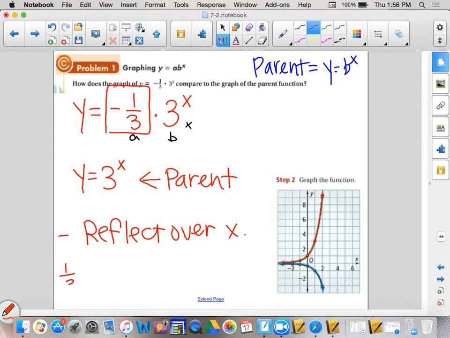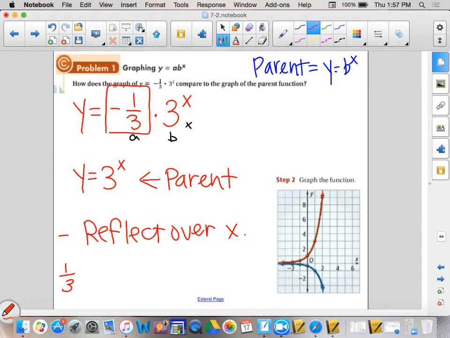Now what does the 1/3 tell me I'm going to do? Well, let's talk about it. Remember, if we go back to when we were doing transformations a chapter or two ago, if a is greater than 1, it is a stretch. If a is less than 1, it is a compression. Well, is a just the 1/3 now?